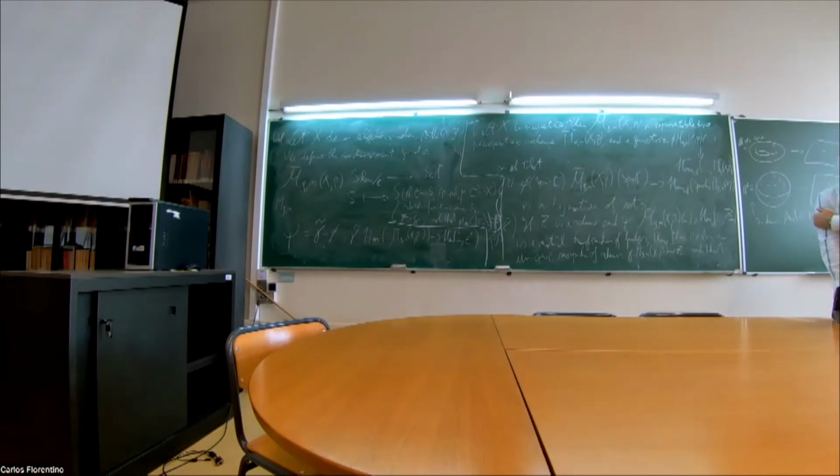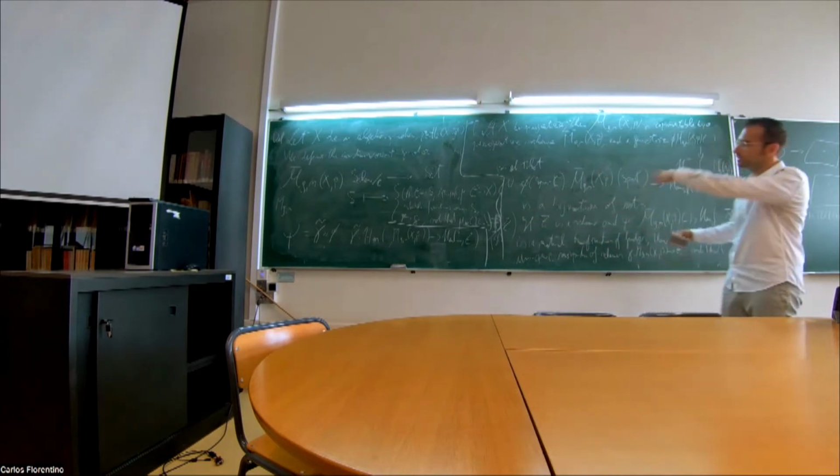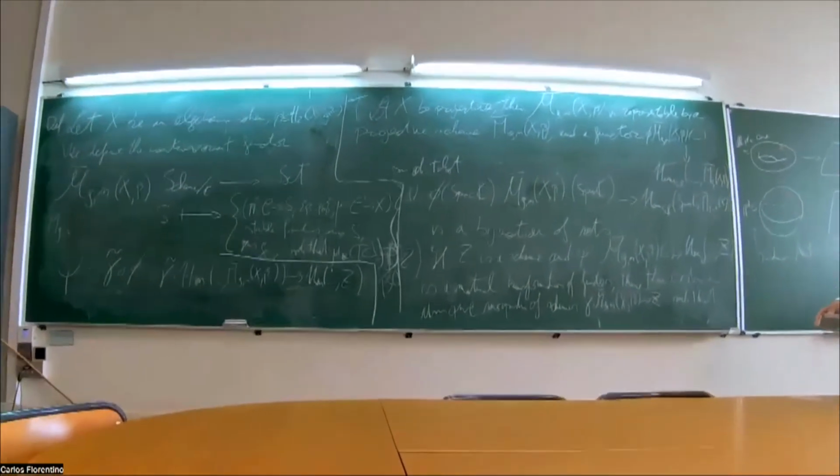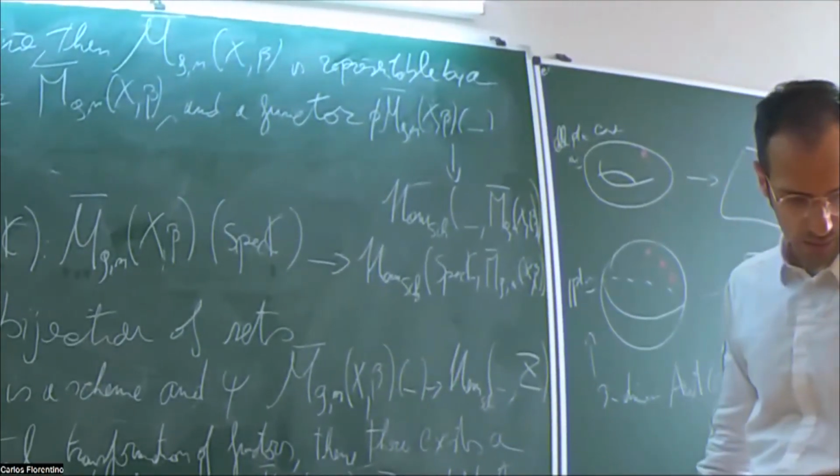Questions? This is the definition of a functor representable by a coarse moduli space. That's a standard definition. But instead of giving the definition, it gives directly the theorem.